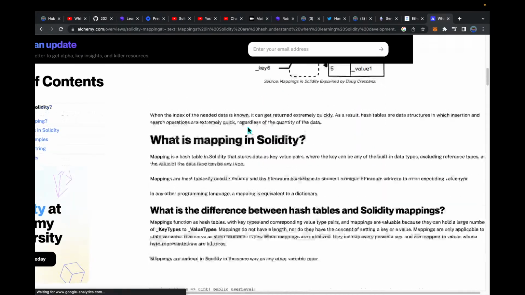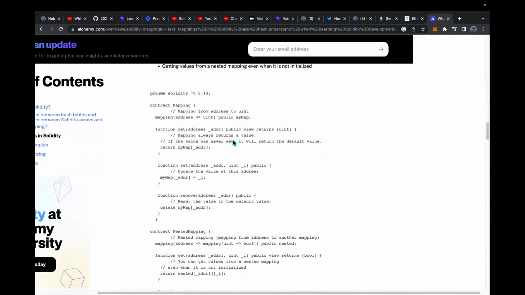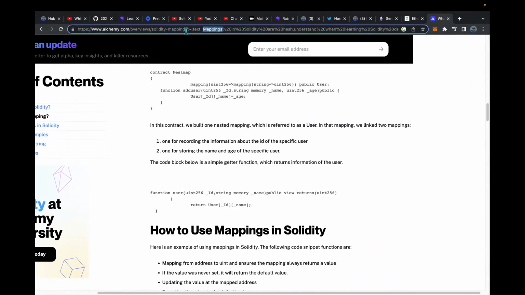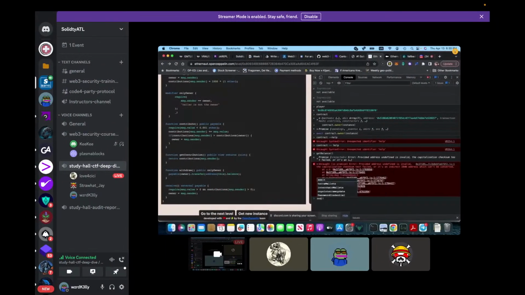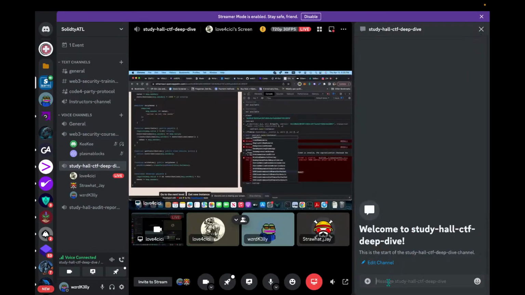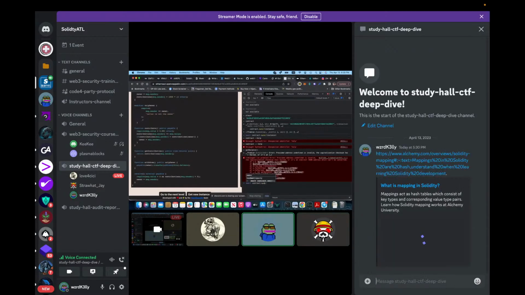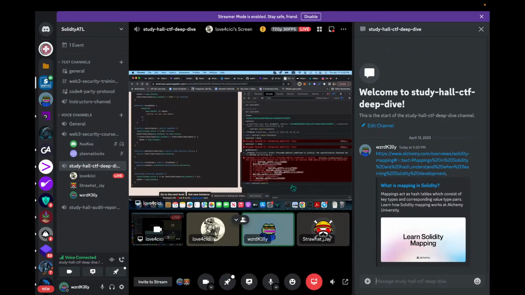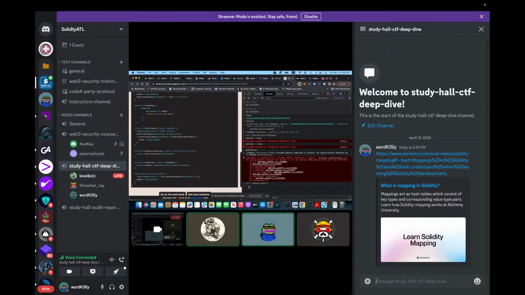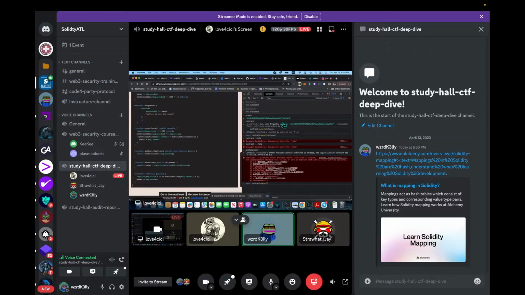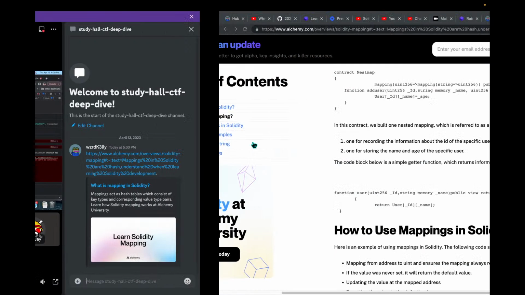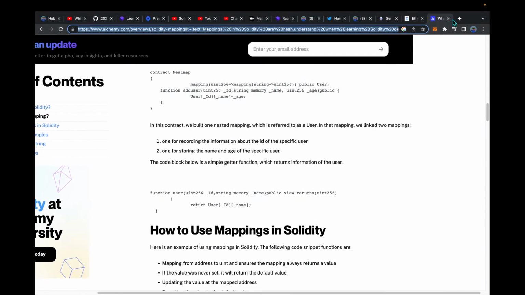This right here is going to be very helpful. Just skim through this article. So what are mappings? That's a fundamental thing to understand for this contract.